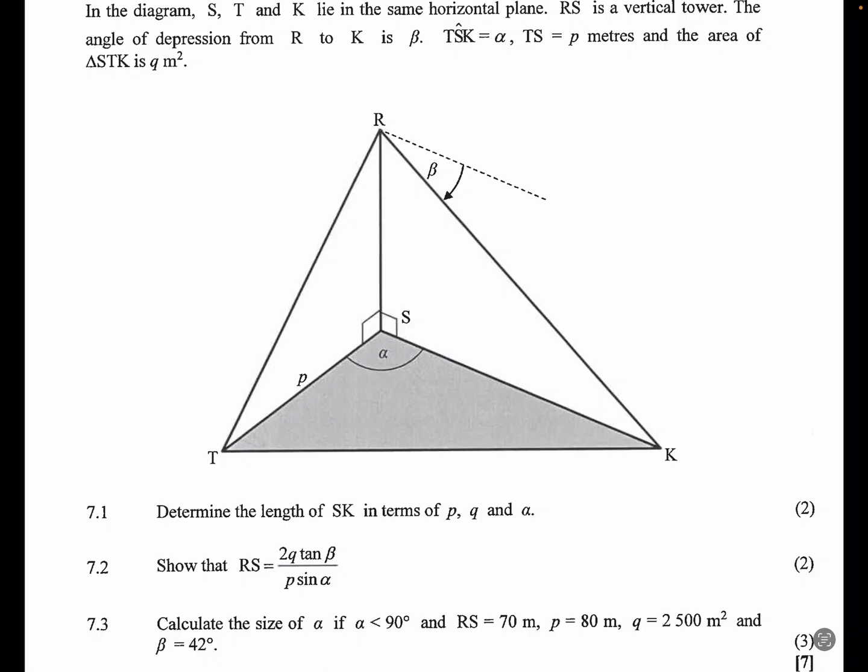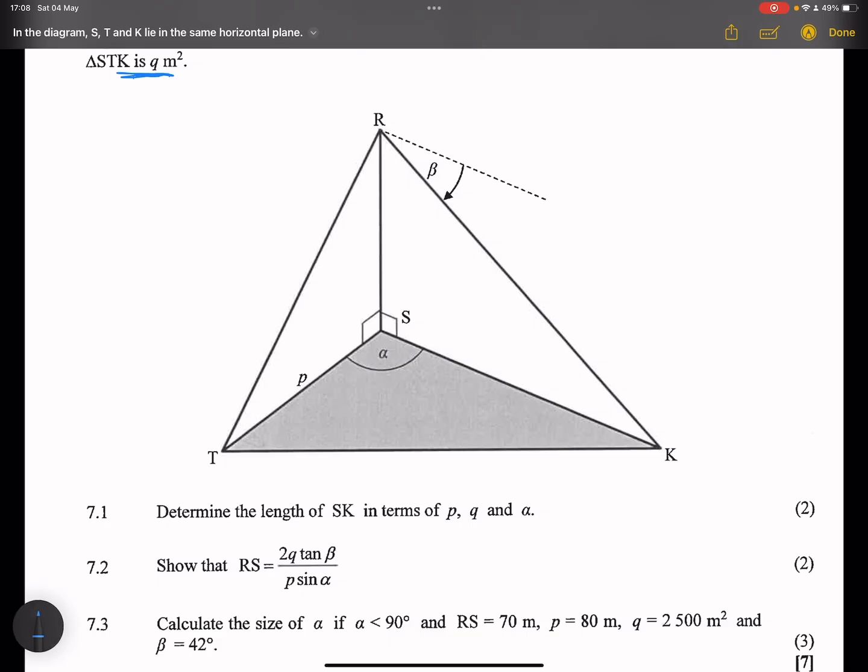We're given the area of triangle STK, which is Q. It's that triangle over there. Anytime that you are looking for area, you're going to take two sides and an included angle. So the two sides that are in between the given angle there are ST as well as SK.